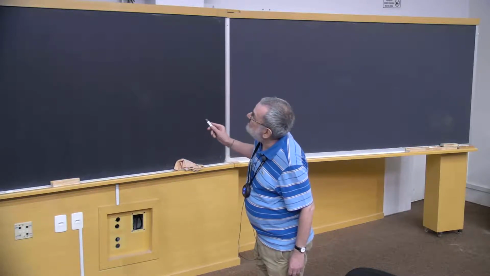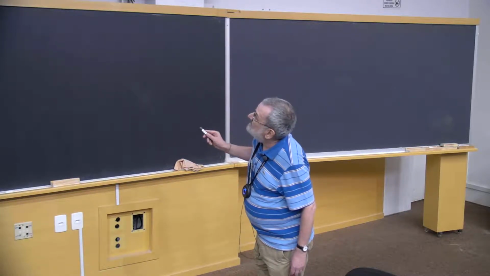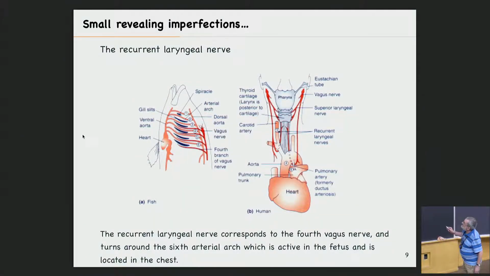This will become the aortic arch, and this is the predecessor of the vagus nerve, and then this guy remained stuck under the aortic arch and could not cross it. And of course, it makes more sense to make a longer nerve than to make a longer aorta.